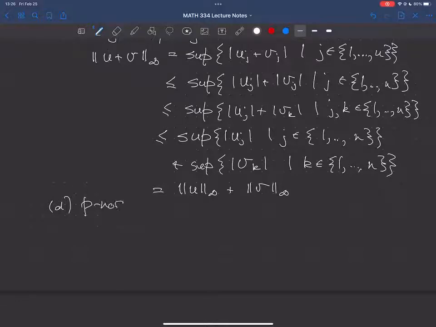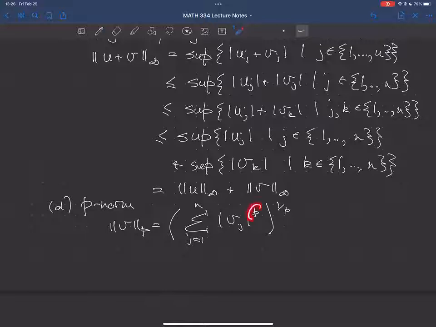Basically we're mostly interested in the 1 and the 2 norm, but sometimes you can embed them in a larger family of norms called P norms, and it's just easier to talk about them both at the same time. The definition of the P norm is this. You can readily see that when P is equal to 2, you get the 2 norm, and when P is equal to 1, you get the 1 norm.